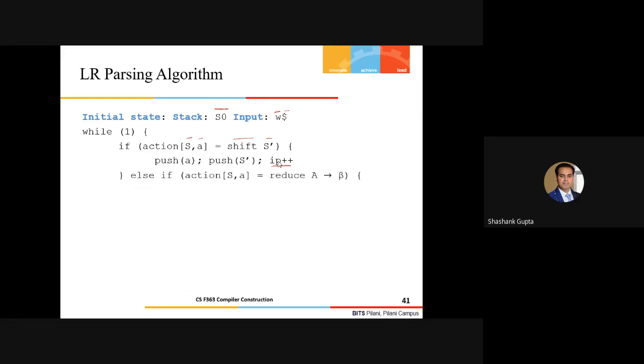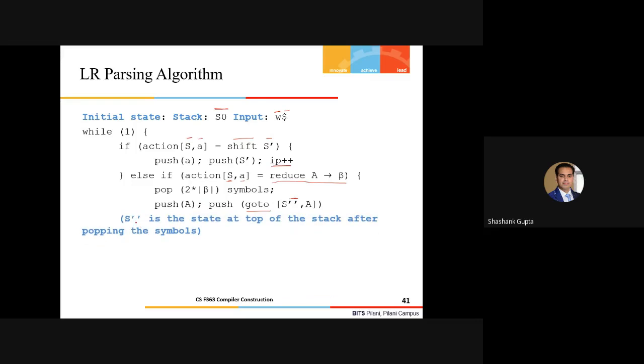Else, if my action corresponding to the state symbol and that lookahead pointer is reduce by the corresponding rule, A derives beta, then in that case, pop twice the length of beta symbols from the stack, push A, and compute the goto of S double prime comma A. S double prime would be the state which is on the top of the stack, just below the popped portion.